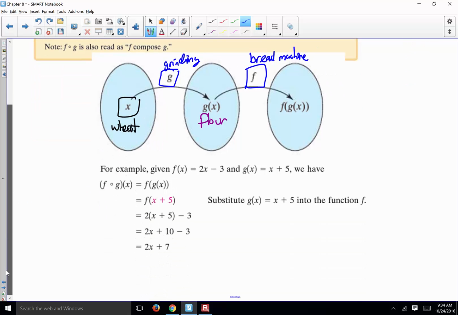Alright, but how do we do this mathematically? When somebody gives us two machines, which one is the grinding machine? Whichever one is inside is the grinding machine. This is the bread machine. How do I know this is bread and this is grinding? Because the one on the outside is always the second machine. Here's the first one, the grinding one. Flour is ground by G, and then the flour will be taken to the bread machine F next.